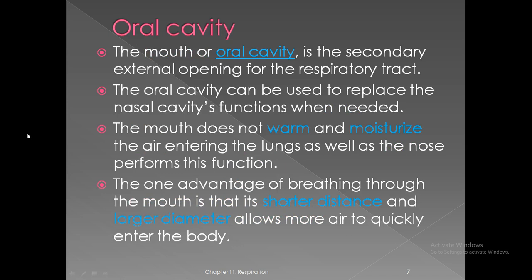Then the air goes into the oral cavity. The oral cavity is just a connection between the internal body organs and the atmosphere. It is not usually used for breathing, but sometimes it is, like when we do heavy exercise and need more and more oxygen in an emergency condition, then we breathe through our mouth, because the one and only advantage of breathing through the mouth is the shorter distance.